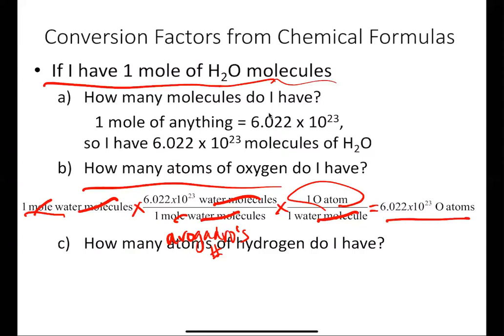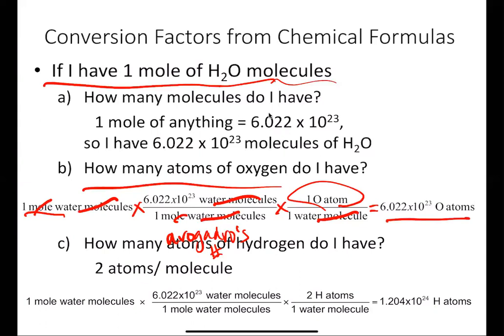So how many atoms of hydrogen do I have now? Well, I have 2 atoms per molecule, so I'm pretty much going to have twice that. So here's our conversion factor here. We start again with the 1 mole of water molecules, and we cancel out both moles and water molecules, and we're left with H atoms, and we have exactly double what we had before.